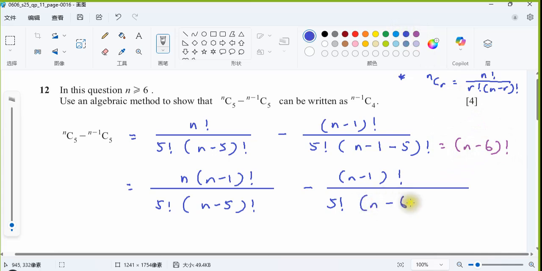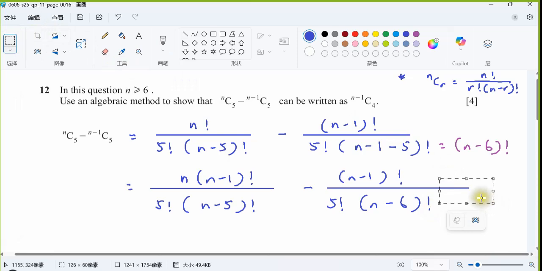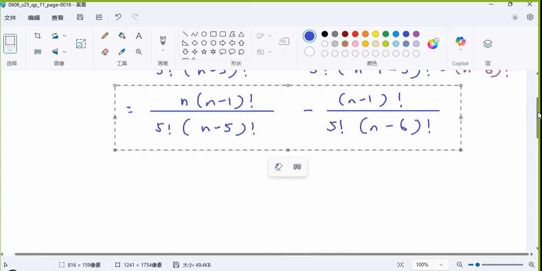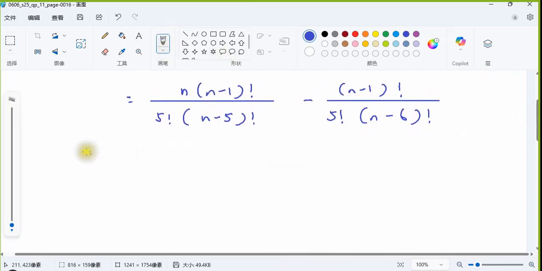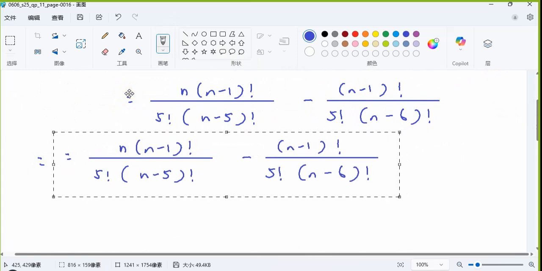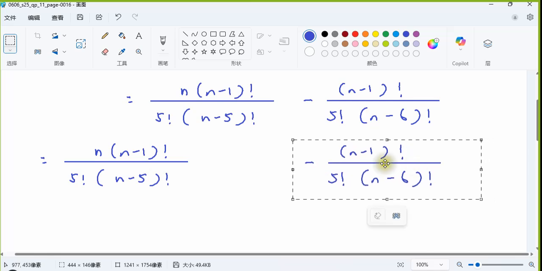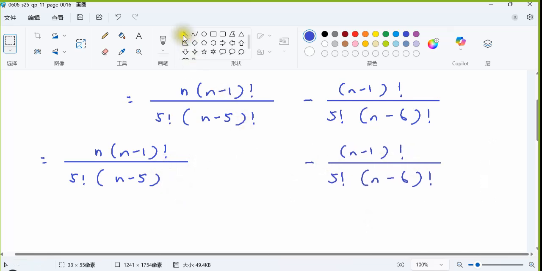So (n minus 6) factorial. So for this one, okay, we rewrite (n minus 5) factorial as (n minus 5) times (n minus 6) factorial.